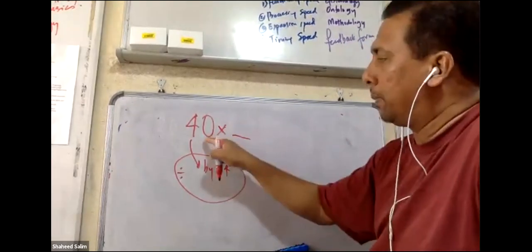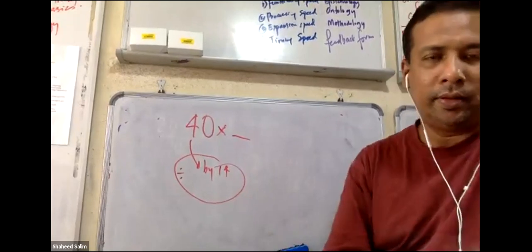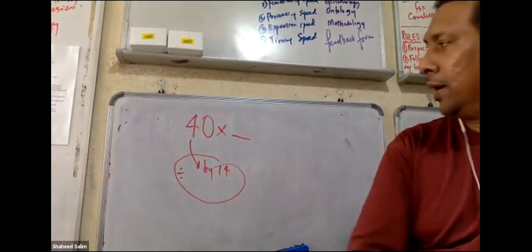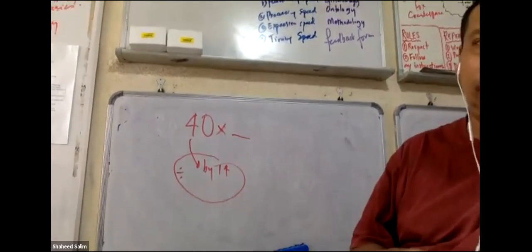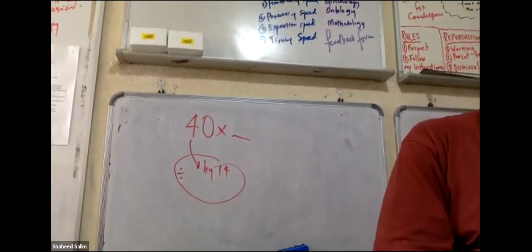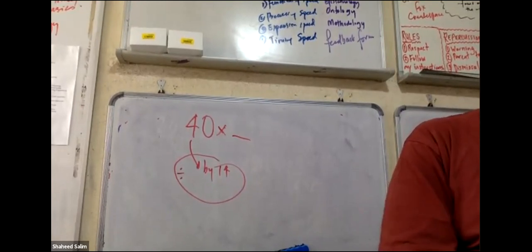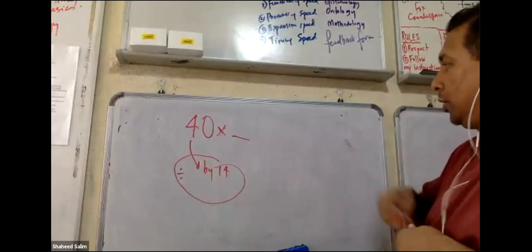Before you do this, do the prime factorization first. What number must I multiply to 40 to make it a multiple of 14? 2 to the power 3 times 5.